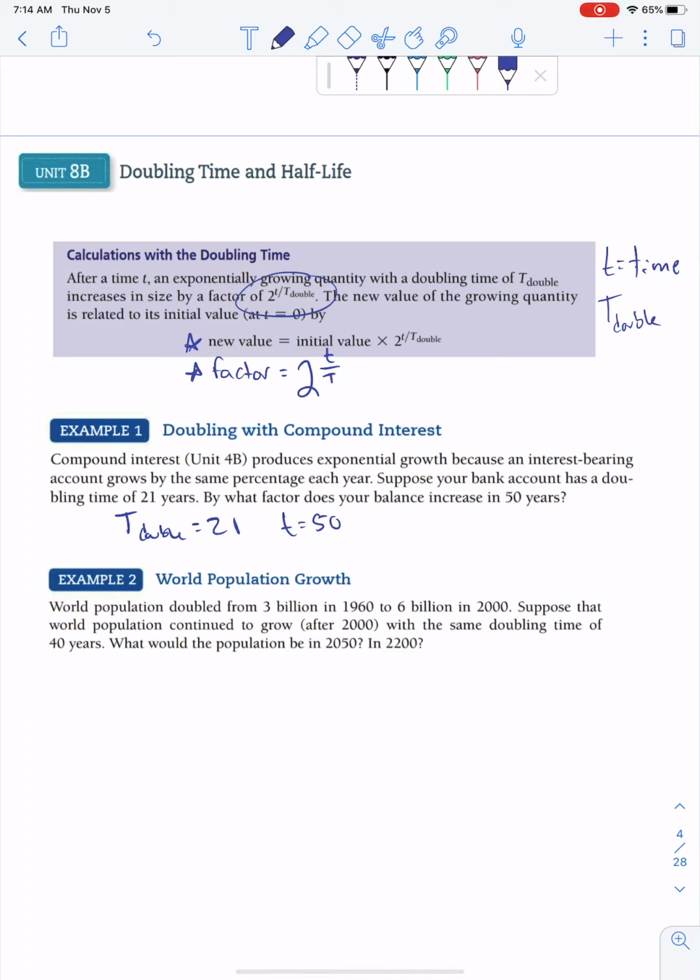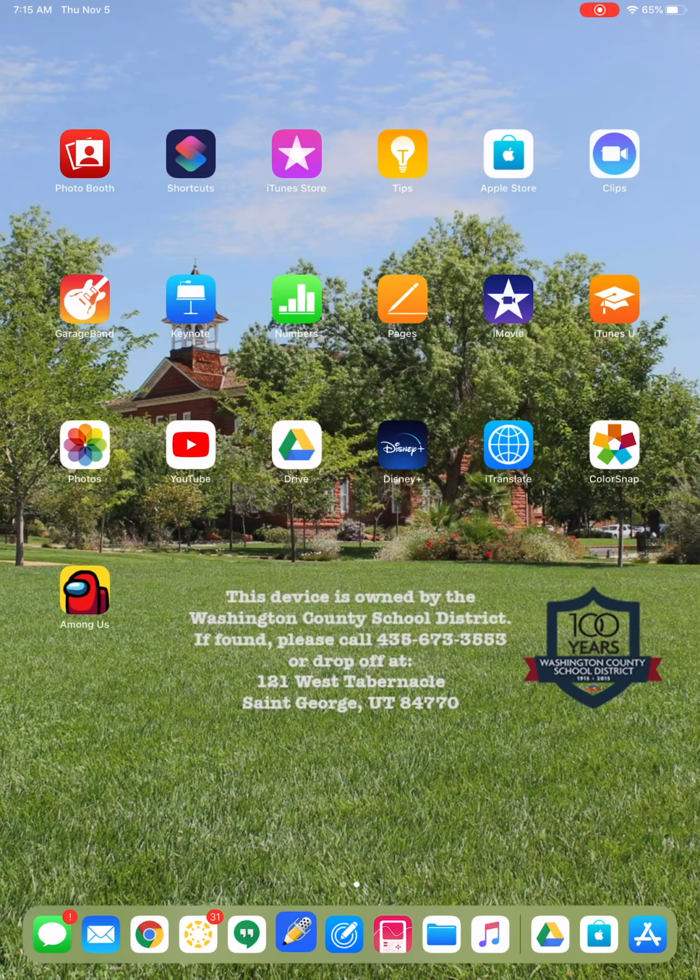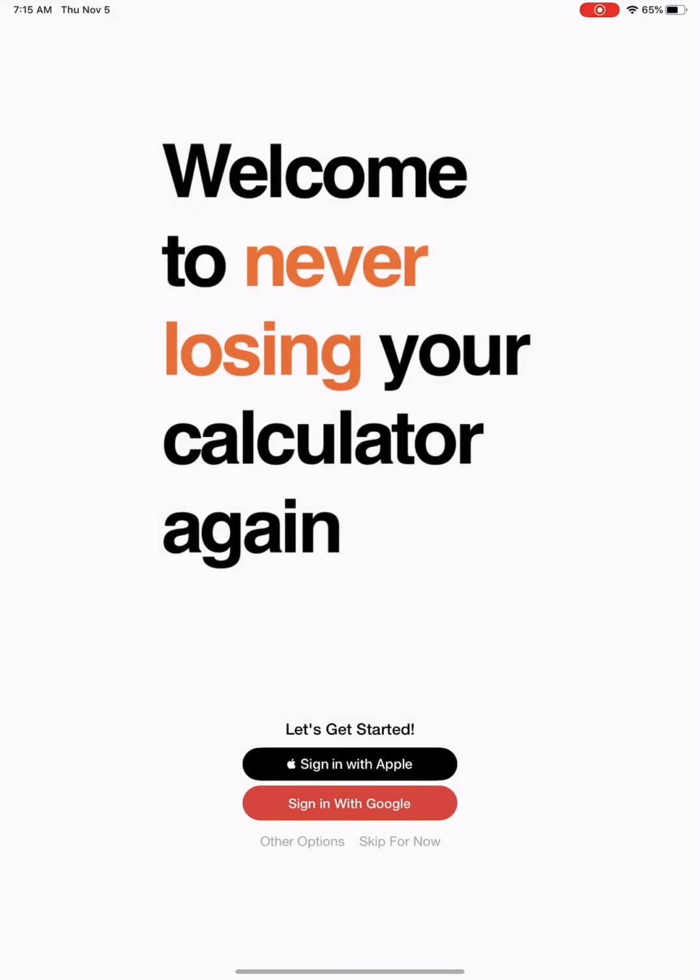So t equals 50. Now it didn't give me a starting amount, and it's only asking for the factor that I'm increasing by. So my factor is 2 raised to the little t, so 50, divided by big T, which is 21. So 2 raised to the 50 divided by 21. You'll plug that in your calculator, and it's going to give you the factor that you're increasing over 50 years.